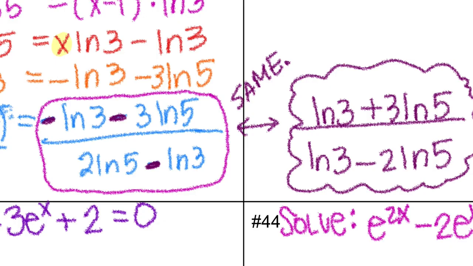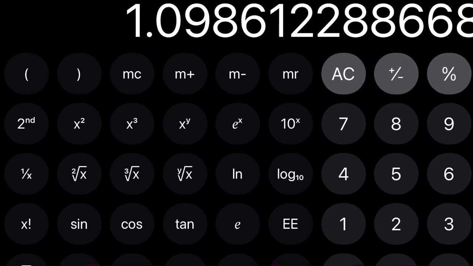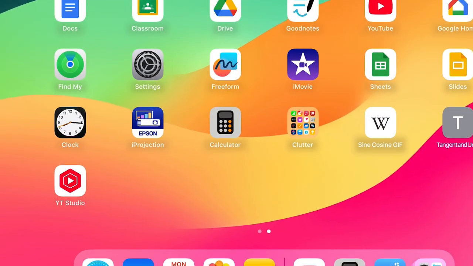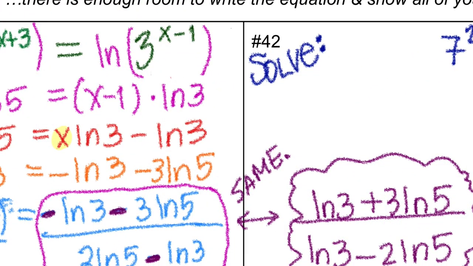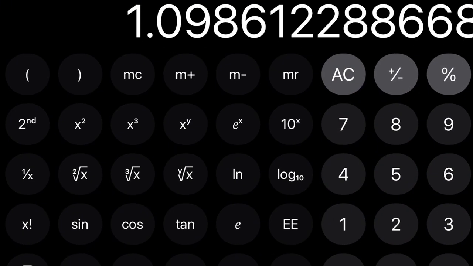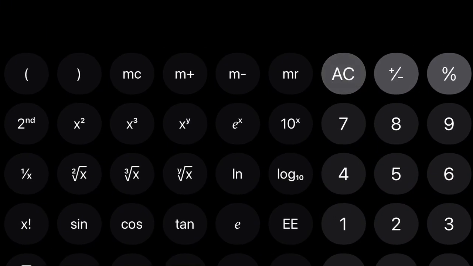I don't have a shortcut for that. Yeah, too bad I don't know what the answer is. Let's see, hold on. ln 3 plus 3 ln 5. Okay, so clearing out what's here. ln 3 plus 3 ln 5.